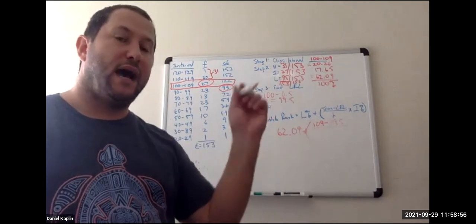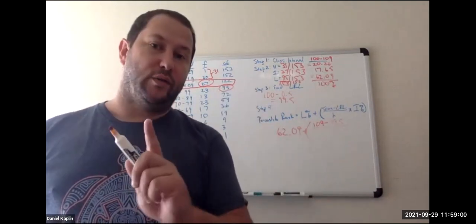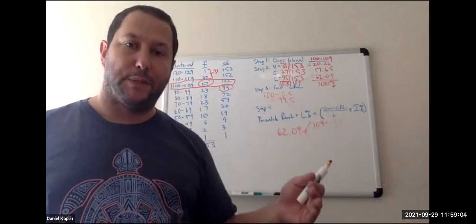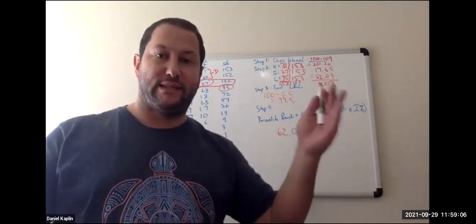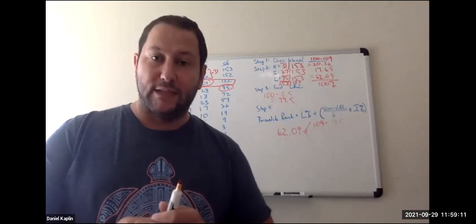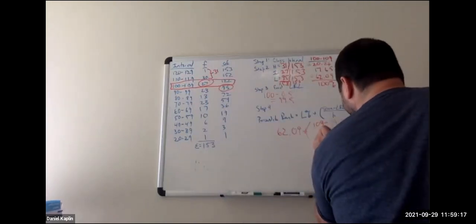Well, we take the highest score minus the lowest score and we add 1 to it, because remember the rule was the lowest number in that range is still part of that class interval. So 109 minus 100 gives me 9, plus 1 gives me 10, which gives me my height of 10.